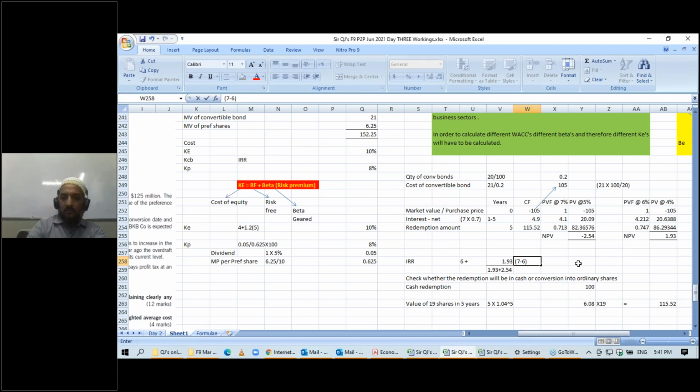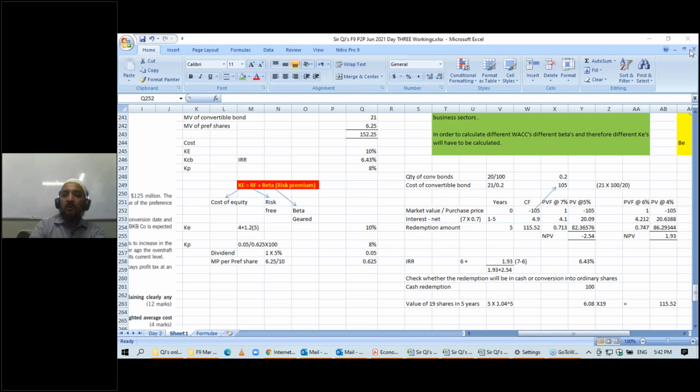This gives you an IRR of 6.43%. So the cost of convertible bond is 6.43%. So our table is complete to calculate the WACC.